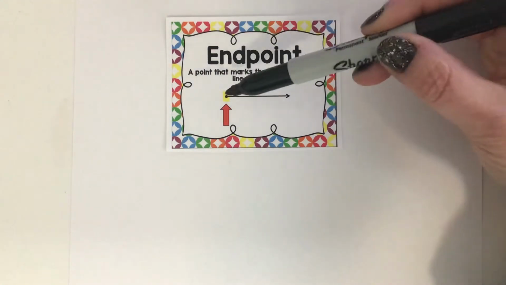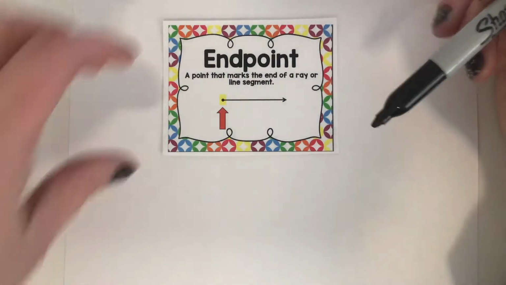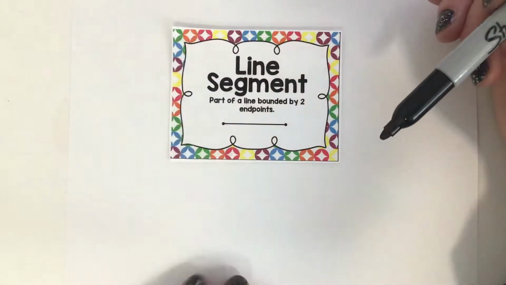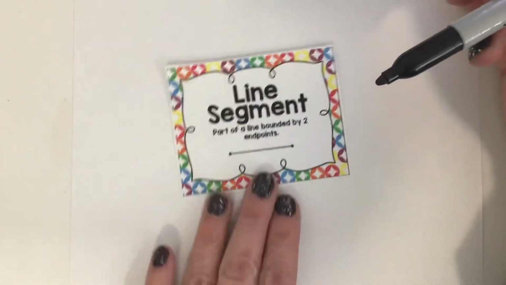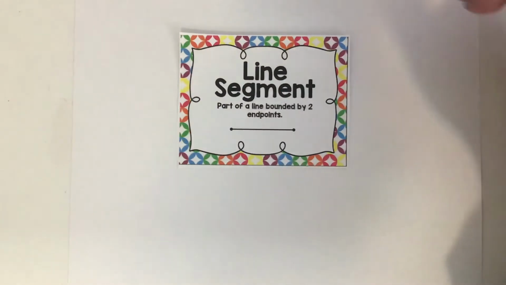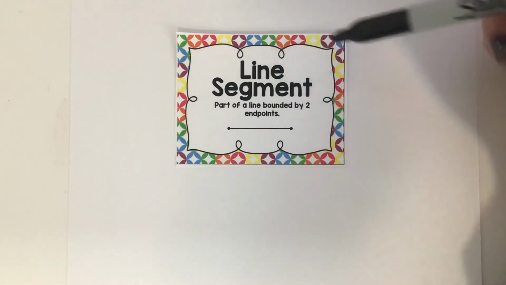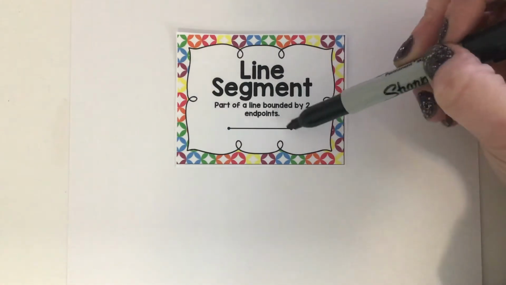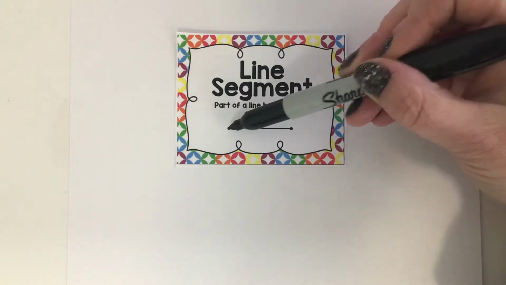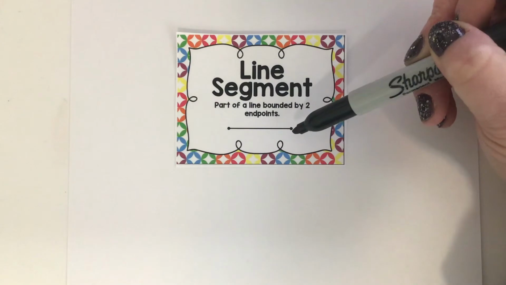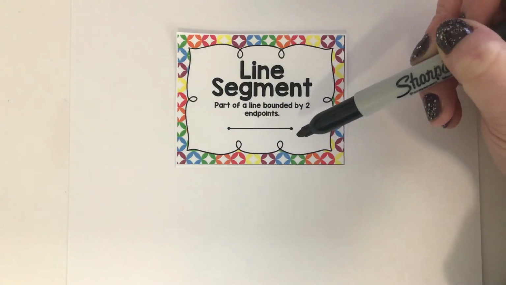All right, so this is an endpoint, and that's important to know because it will help us know what a line segment is, which is our next thing. Line segments are part of a line that is bounded by two endpoints. Do you see how this has a line here, and then we've got the two endpoints right here? That means that's all the bigger or smaller that line is going to get.